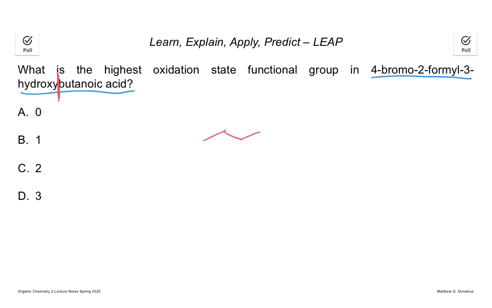And because it's an acid, that group has to be on the end. So there's the butanoic acid part. That means the carbonyl has to be 1, then 2, then 3, then 4. And then we can just read from left to right and plug in the substituents.